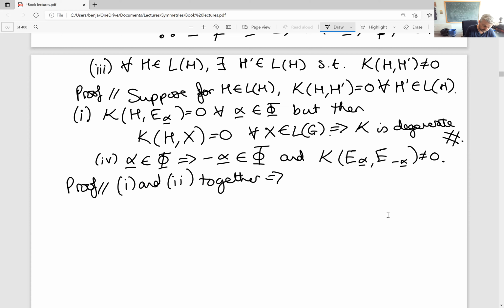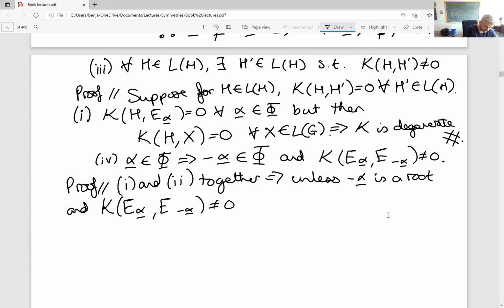These imply that unless minus alpha is a root, and the killing form of E alpha and E minus alpha is non-zero, then the killing form of E alpha and x is equal to 0 for all x in the Lie algebra, which would imply that the killing form is degenerate.